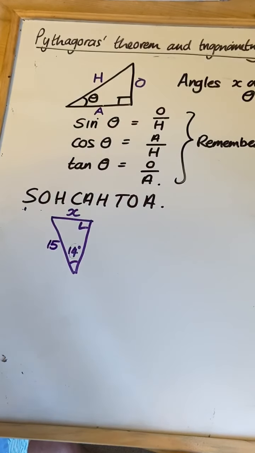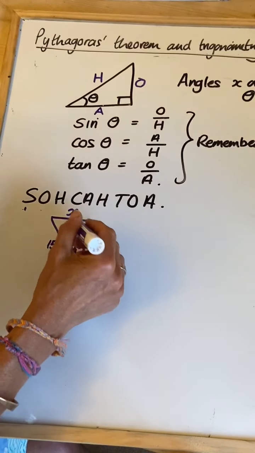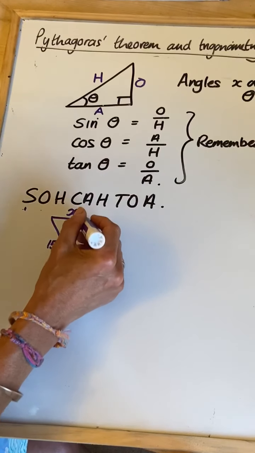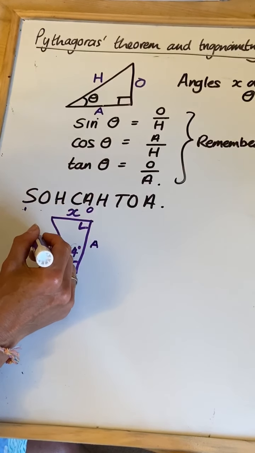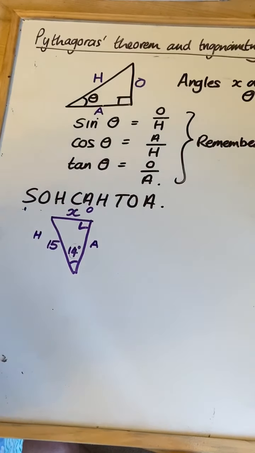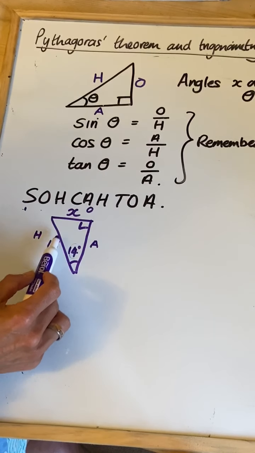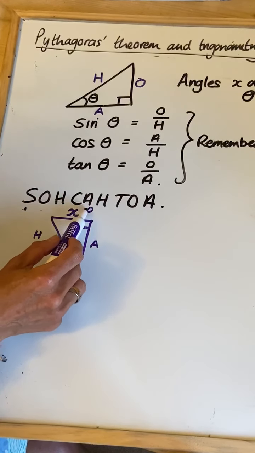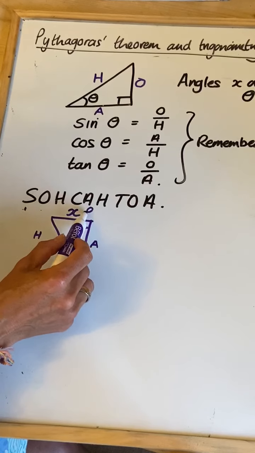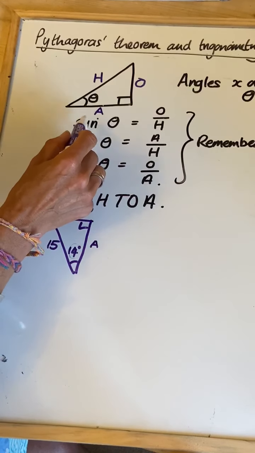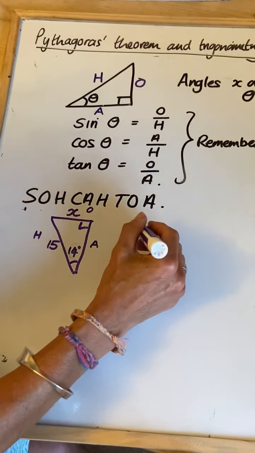So step one, label your triangle. This is my opposite side. That's my adjacent side. That's my hypotenuse. Then choose the trig ratio that you are going to use here. Now we need x, which is the opposite side. We've got the hypotenuse, which is 15. So the one that's got the opposite and hypotenuse in it, we're back to using the sine ratio.